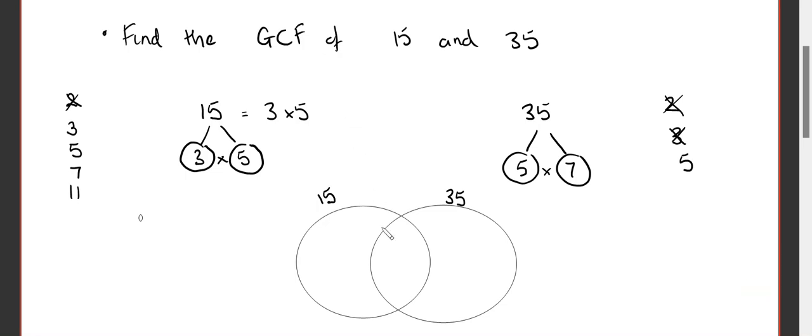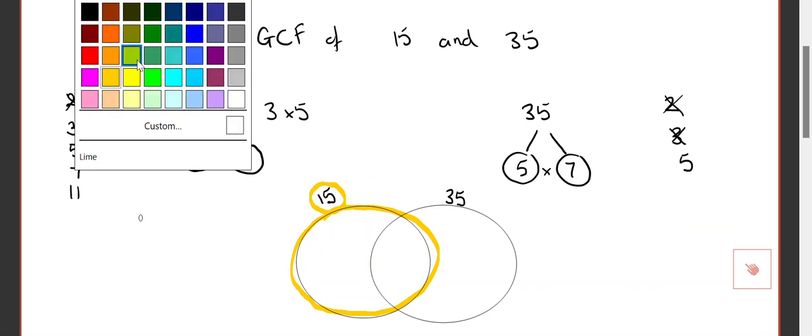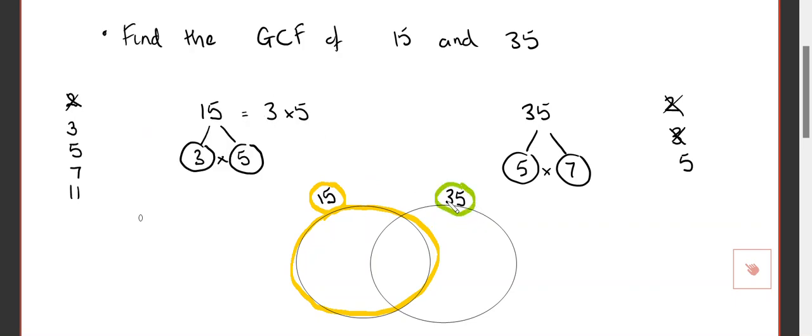Go for it. In the Venn diagram, you don't have to use highlighters, but maybe you want to. In this circle, I put all the factors of 15. In this circle, I'm going to put the factors of 35. And in the middle are the numbers that are factors of both. So which numbers are factors of both? 5.